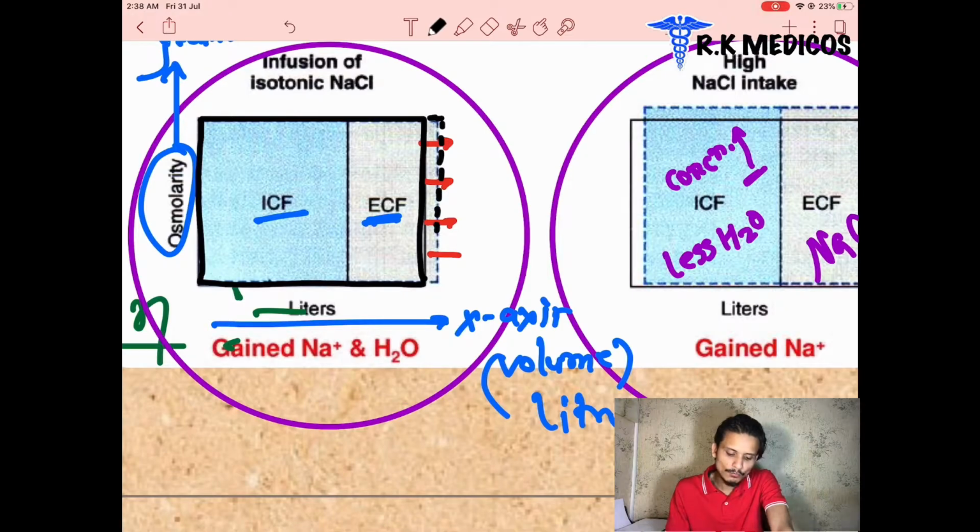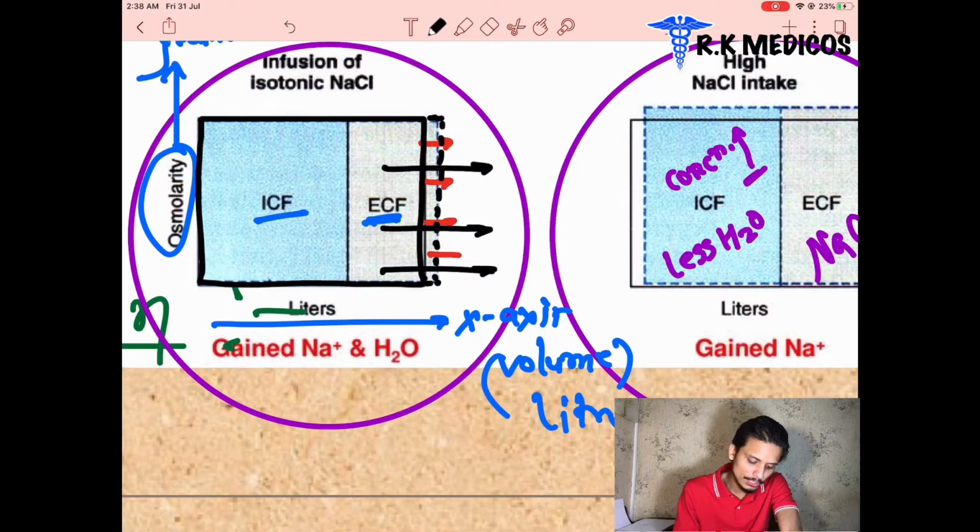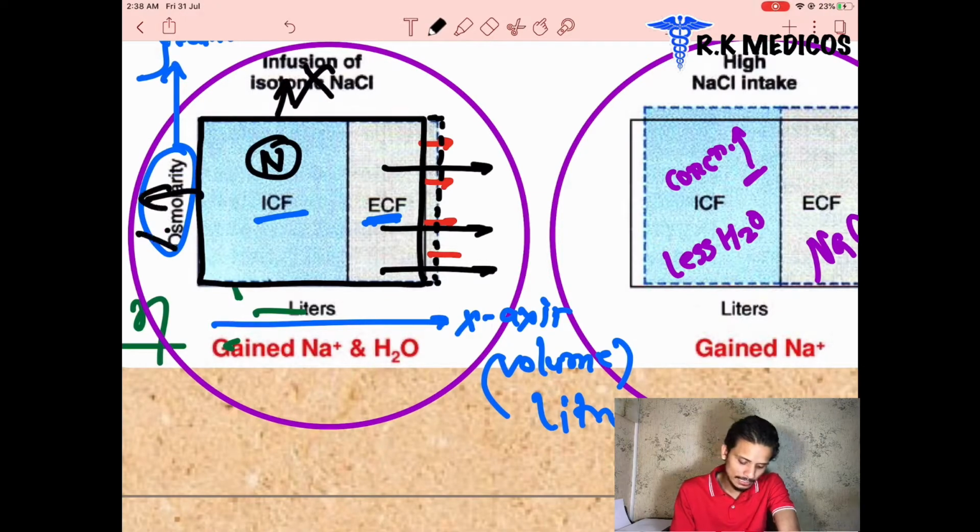This increment is basically in the extracellular fluid, but the intracellular fluid is normal. It's not going to increase anywhere.